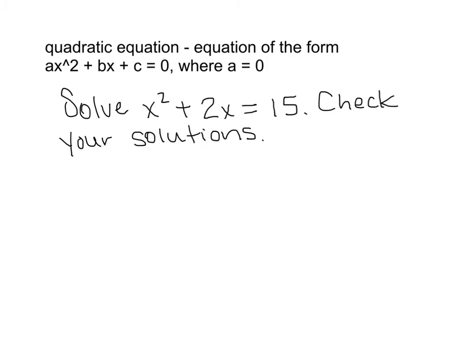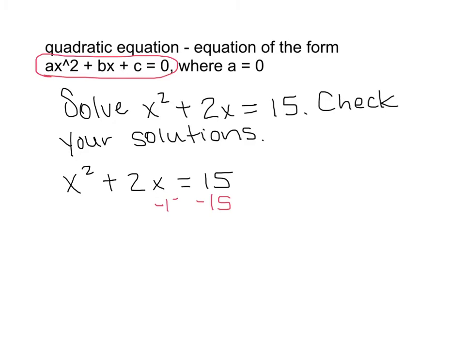So let's rewrite that. x squared plus 2x equals 15. Now I want you to look at the form in the definition: ax squared plus bx plus c equals 0. Is the equation in that form? I hope you said no. All we've got to do to get our equation in that form of a quadratic is subtract that 15 from both sides.